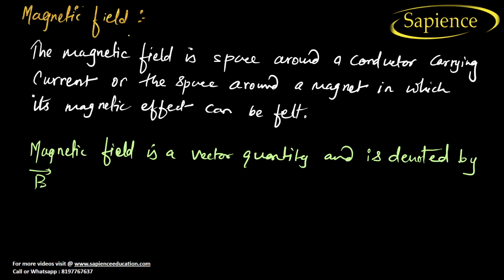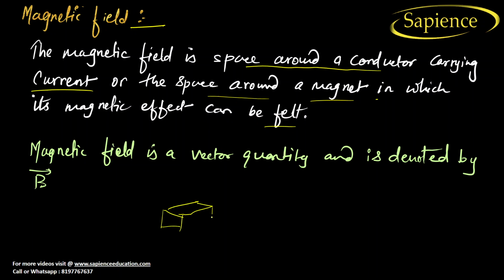What is actually the magnetic field? The magnetic field is a space around the conductor carrying a current, or the space around which the magnetic effect can be felt. For example, this is your magnet, or we can say that this is a current carrying conductor.